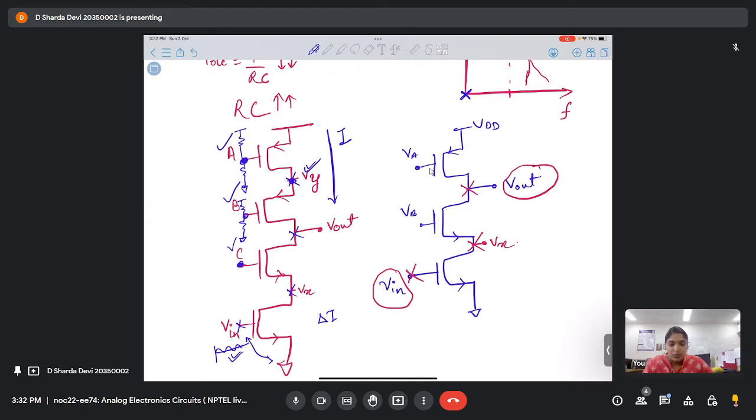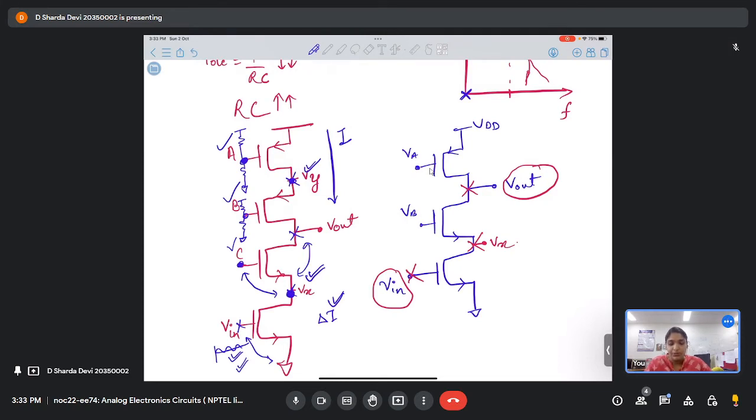So if this point, Vx, changes because of this influence, then for this transistor its VGS is changing as well as its VDS, which will result in V out. So it will adjust that delta I change which we got because of the disturbance we introduced at the input.